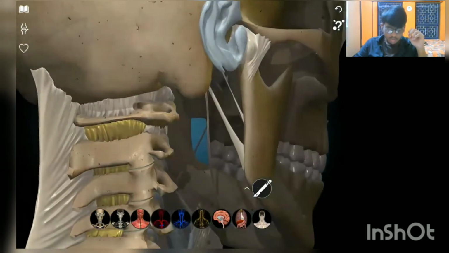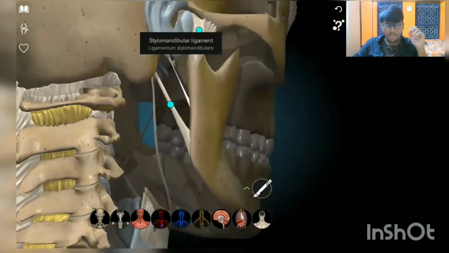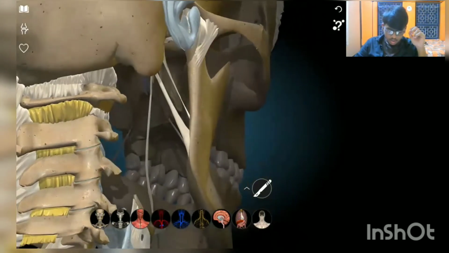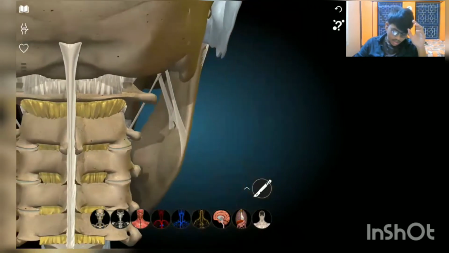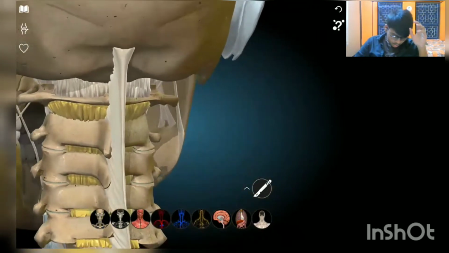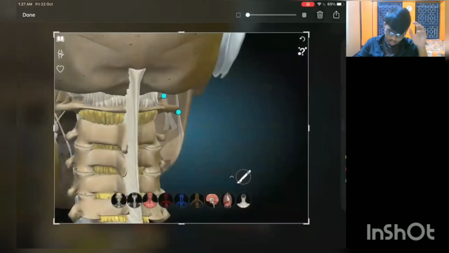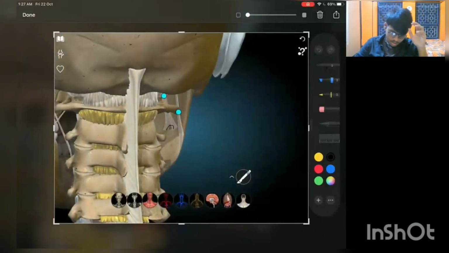This one is my stylomandibular ligament, and another one which is coming from the spine of the sphenoid bone and getting attached to the lingula. You can clearly see there lies the lingula of the mandible bone.